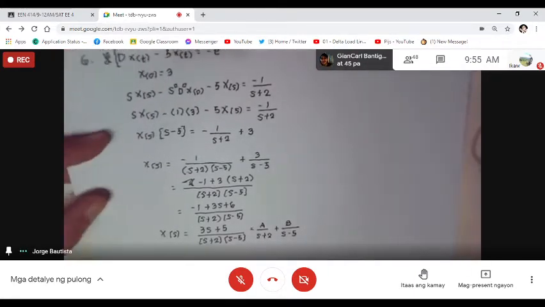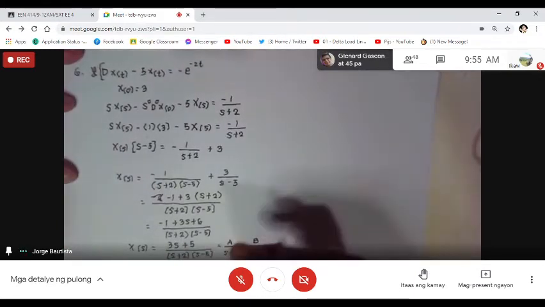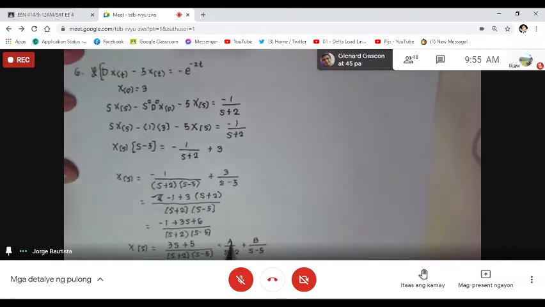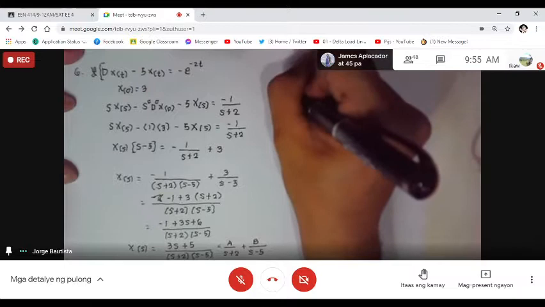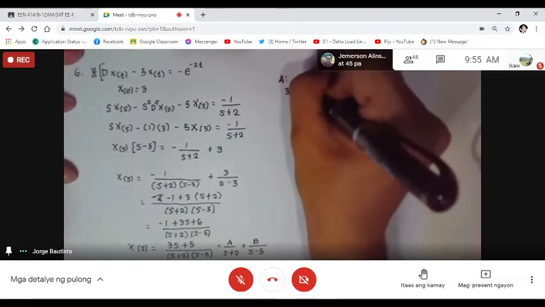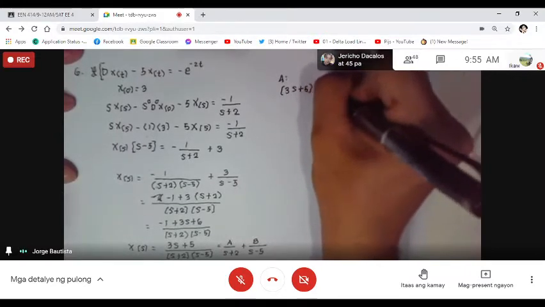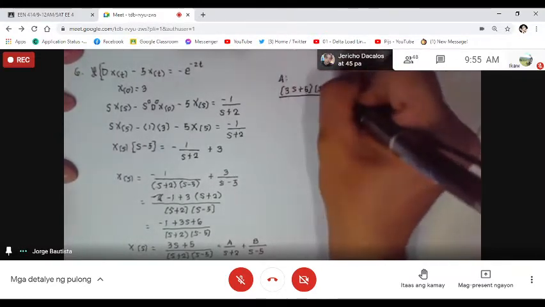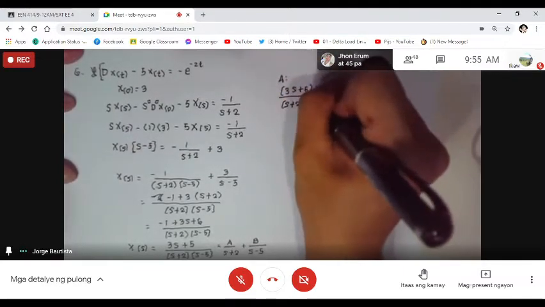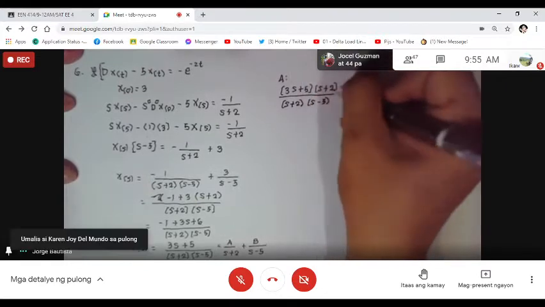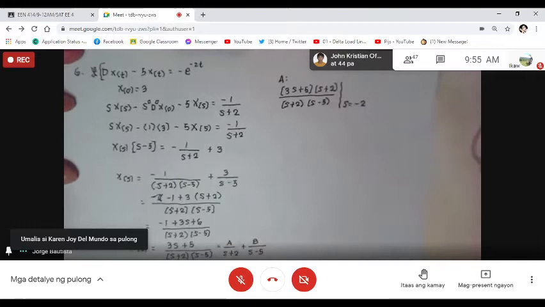Okay? So dito na tayo. So ito, take the value of A, residue of A. So for A, that is 3s plus 5 multiplied by s plus 2, all over s plus 2, then s minus 5, taking s to be equal to negative 2 because that is the root.